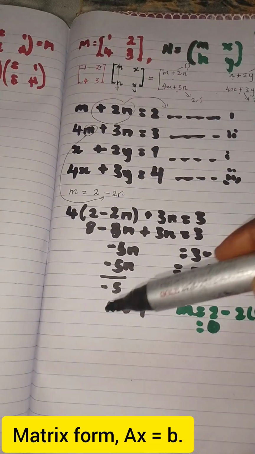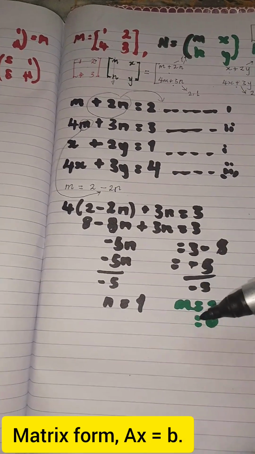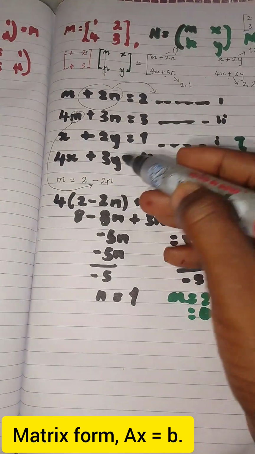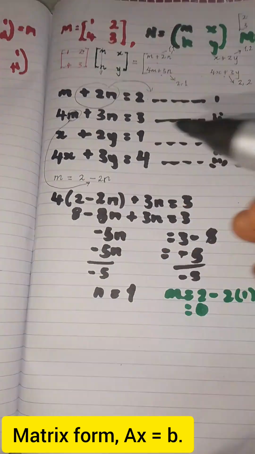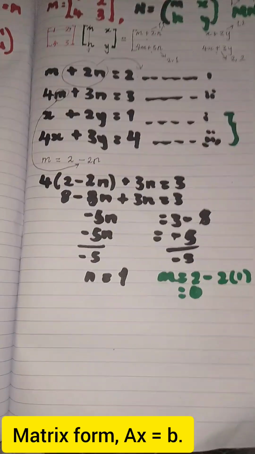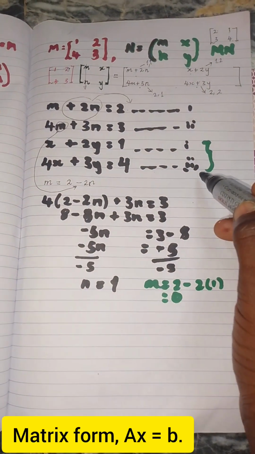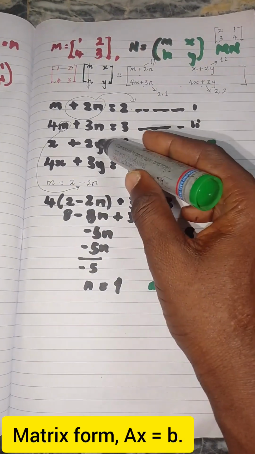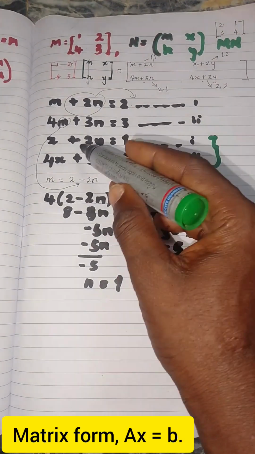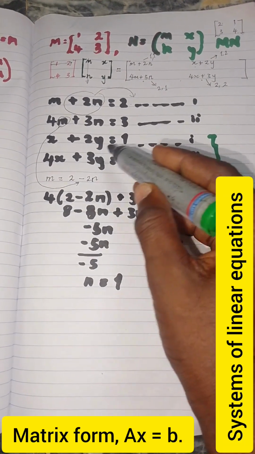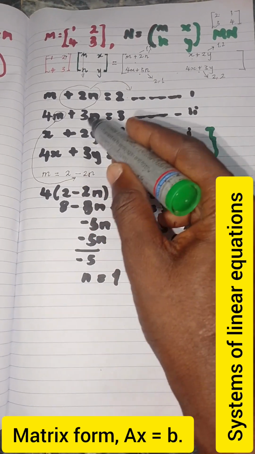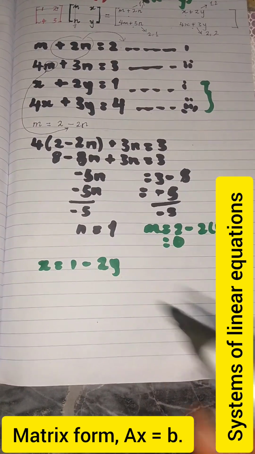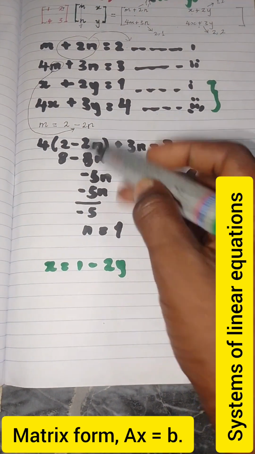Now let's consider these other equations: x plus 2y equals 1 and 4x plus 3y equals 4. For the second set of equations, 2y goes to the other side of the equation, and then x equals 1 minus 2y, because it crosses the equality. Plugging this into the second equation, wherever you see x, you put 1 minus 2y.